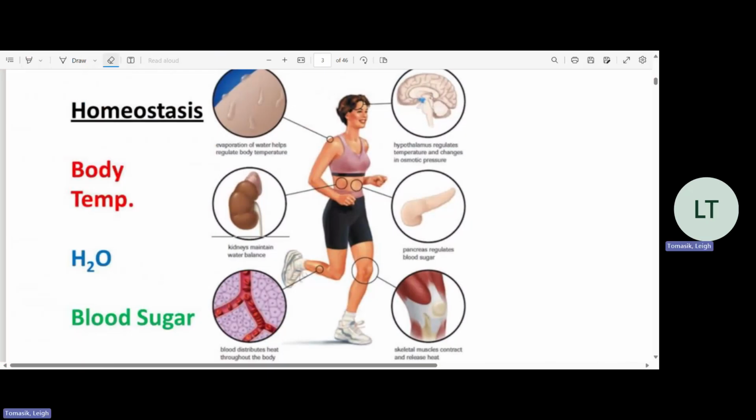Let's go clockwise. So next, you have your brain. Even though you're not consciously thinking about it, your brain is helping you regulate your temperature and your blood volume. So your brain has monitoring systems in a part called the hypothalamus, and that will send out signals to the rest of your body for what to do.